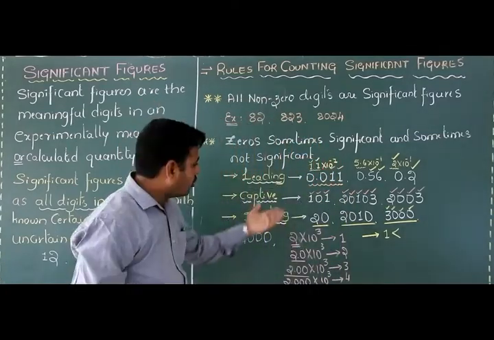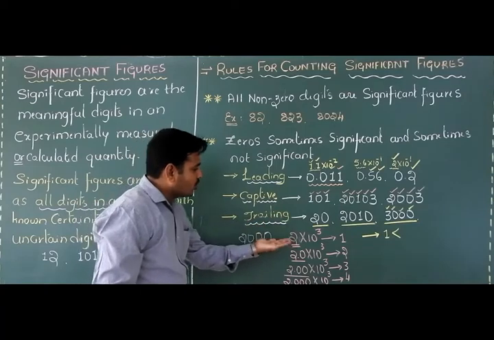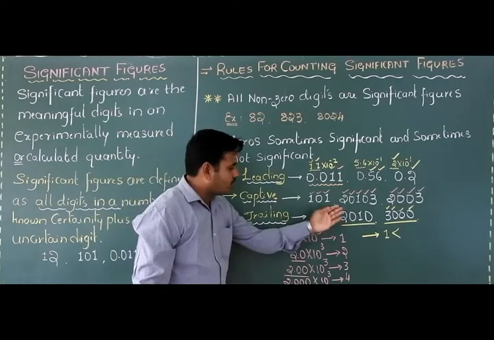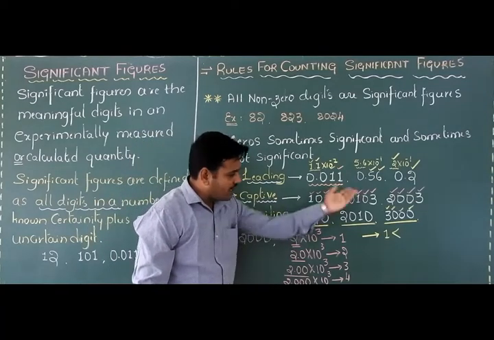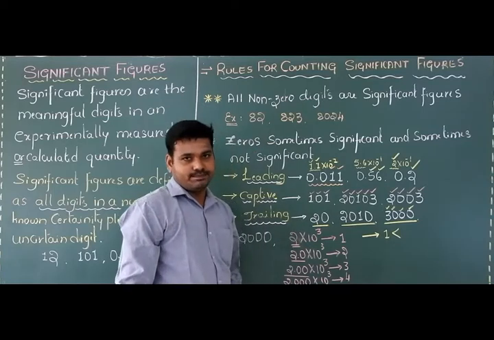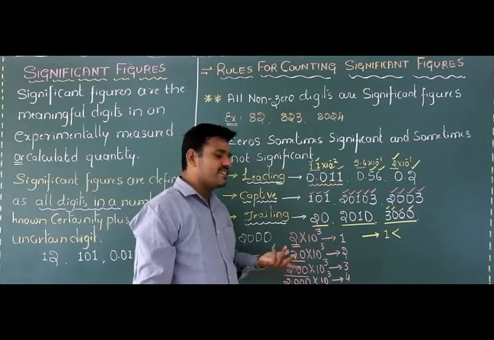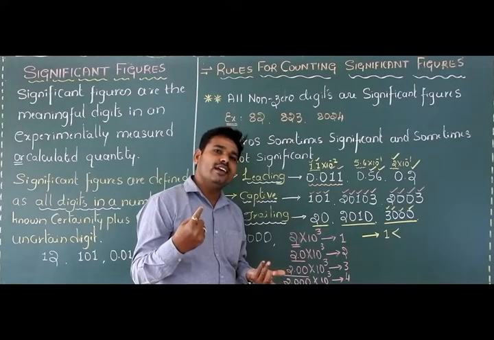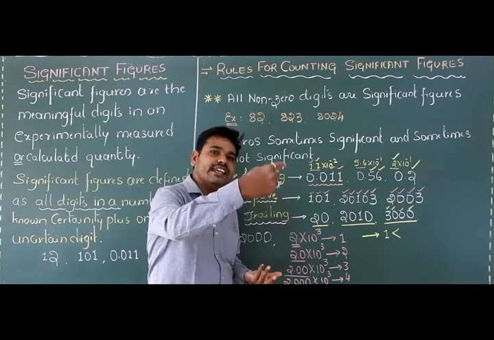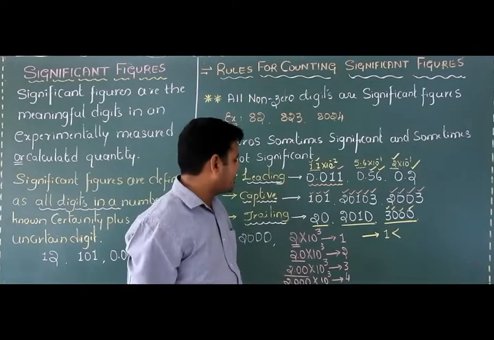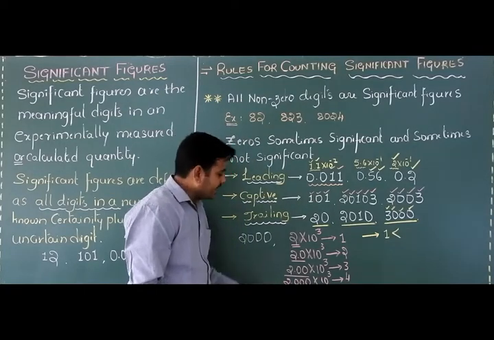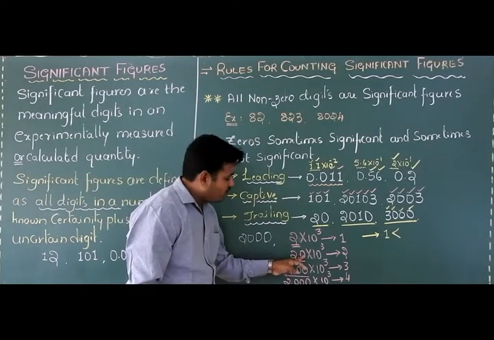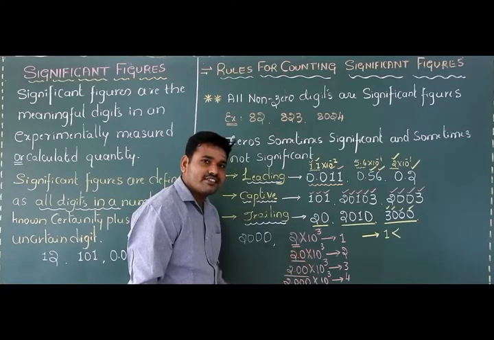Students, now for this condition, the examples: 20 is greater than 1, 2010 is greater than 1, 3000 is also greater than 1. So in all these cases, the zeros which are present on the right of the decimal point are counted as a significant figure. See here 2.0, so this 0 is counted as a significant figure.